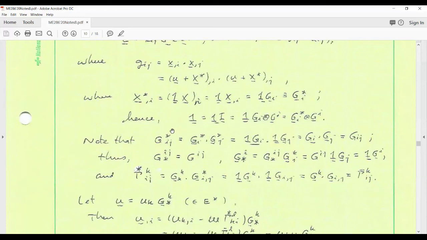Notice that the metric G star induced by the GI stars, given by the dot products here, is 1 GI dot 1 GI, 1 being orthogonal preserves the dot products. You just get the conventional referential metric. This is invertible, so the inverse would be G star super ij would be the same as G super ij.